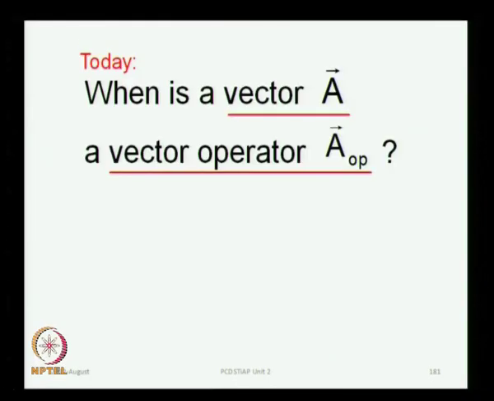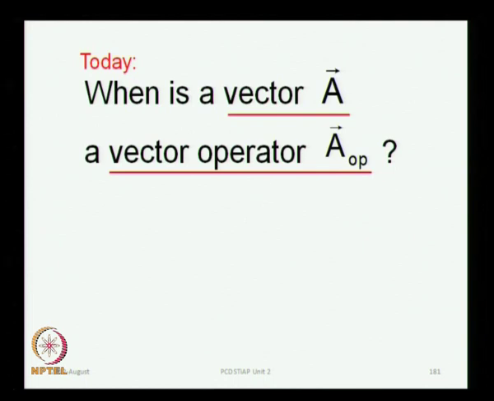One of the questions that I am going to discuss today is, if you have a certain vector, what is the condition under which it becomes a vector operator? Is it automatic or is there more to it?